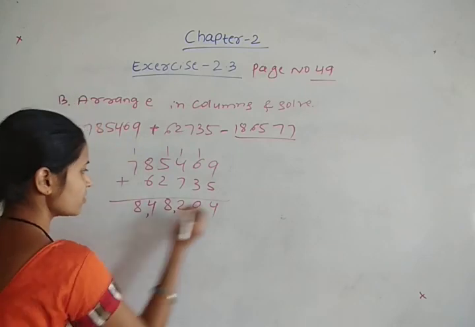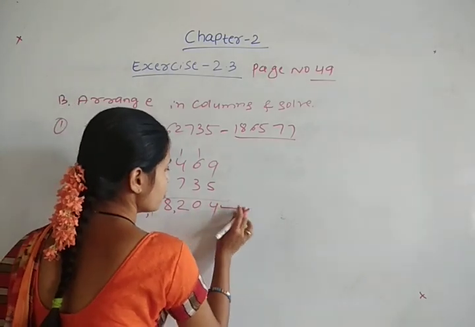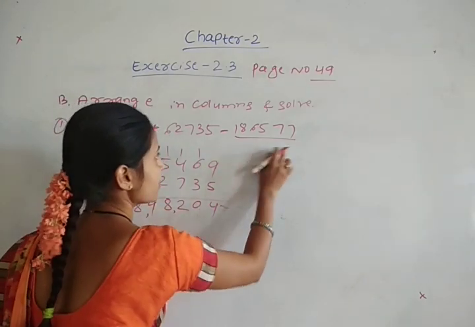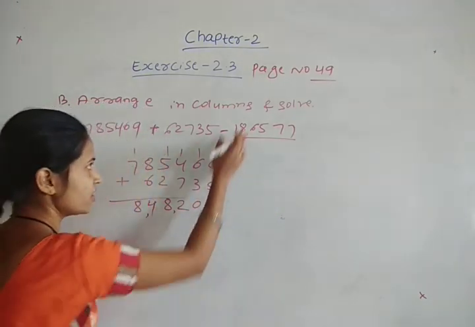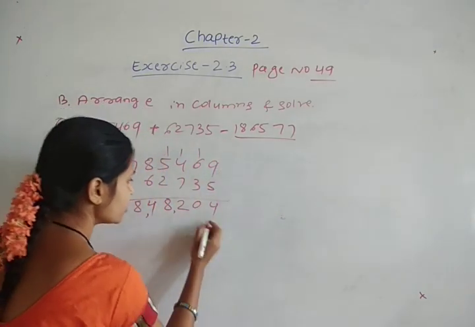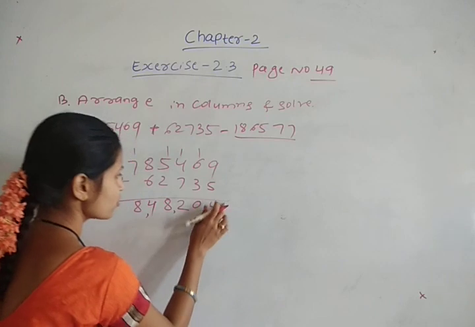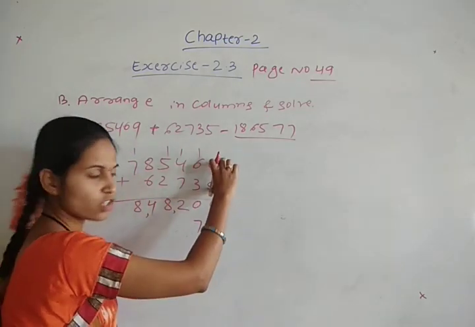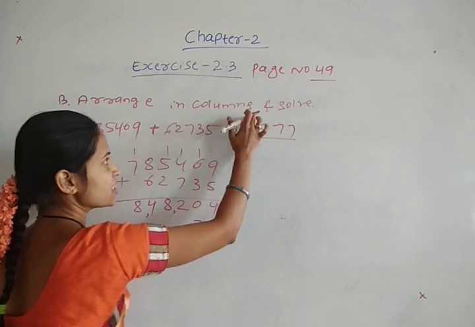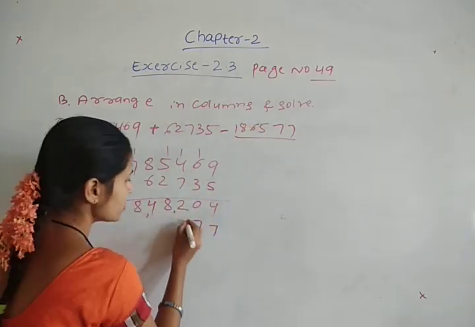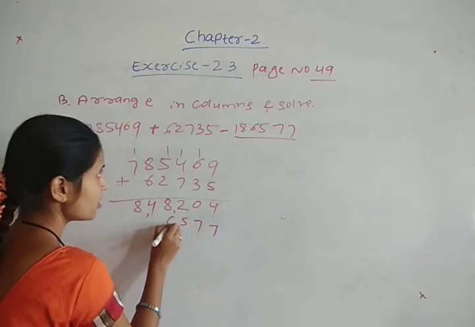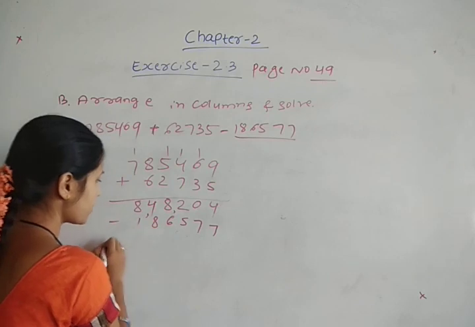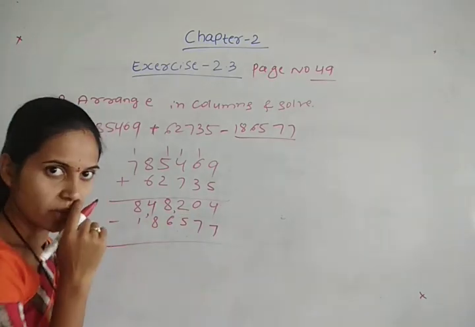Now from this sum we need to subtract this number. Once again we should write in continuation only. So this is the sum we have got after adding the first two numbers. Now I will subtract this number from this sum. See here. Now subtract. 4 minus 7 is not possible.